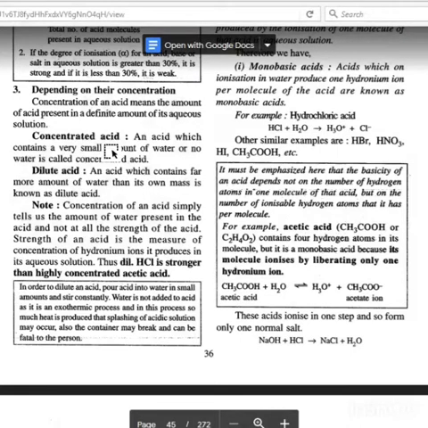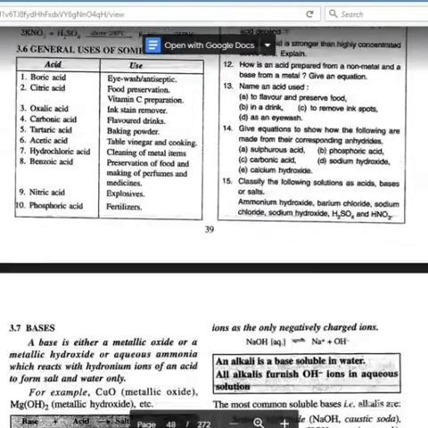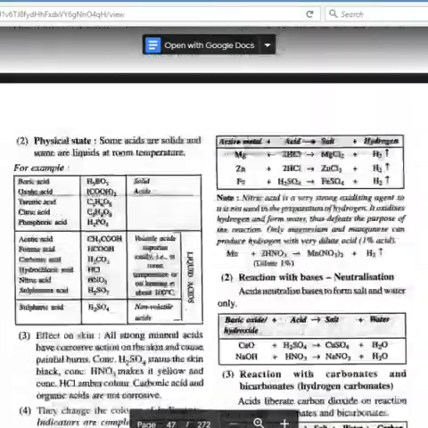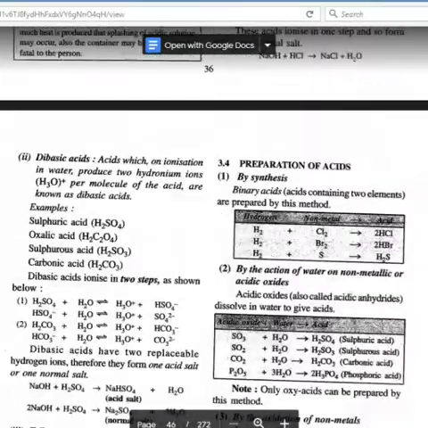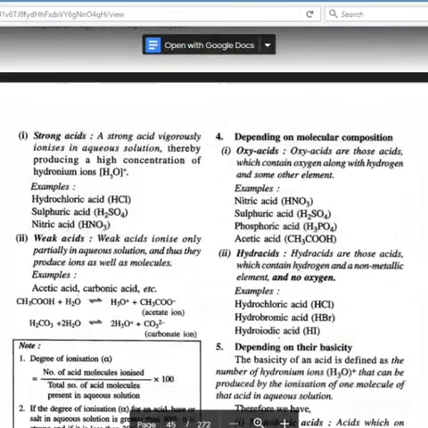Next part which we have to study under the classification of acid is the molecular composition. The fourth classification is based on the molecular composition.